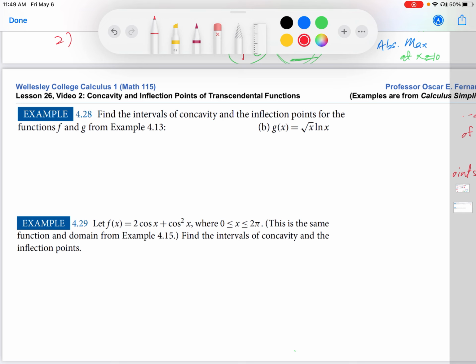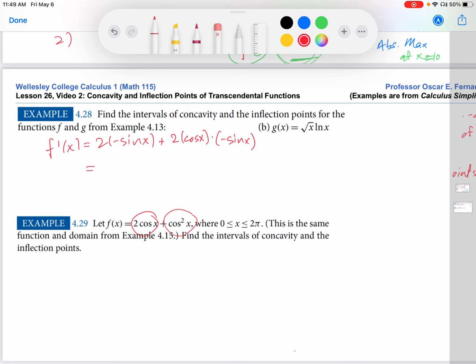First thing we want to do is calculate the derivative, f prime of x. The derivative of cosine is negative sine. And then cosine squared, remember, is cosine of x squared, so to differentiate that I'm going to use the chain rule. I bring down the 2, put back in the inside, and multiply by the derivative of the inside, which is minus sine x. That's the chain rule step.